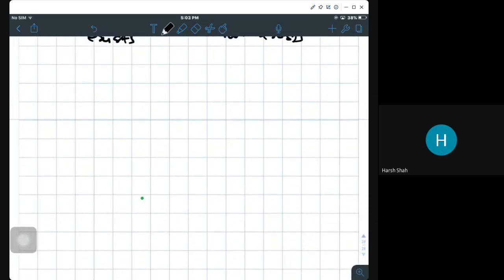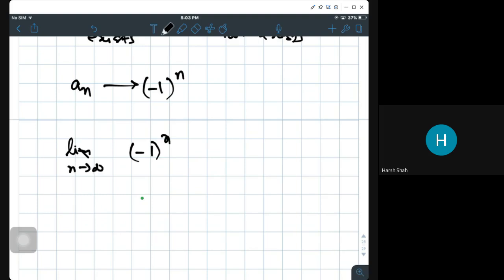Now let me take an example of a sequence a_n. Let's say I take a_n as (-1) to the power n. What will be the limit of this, limit n tends to infinity of (-1)^n? What will be the value of this?